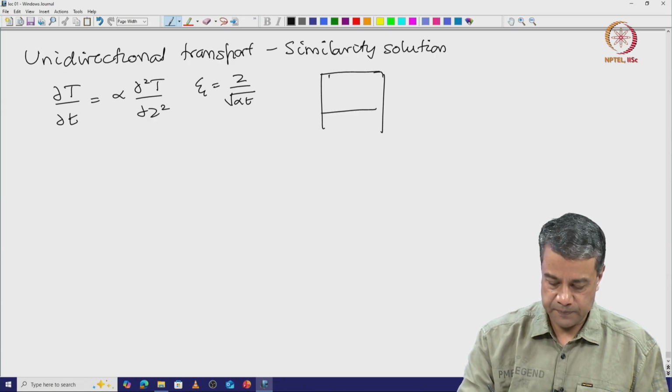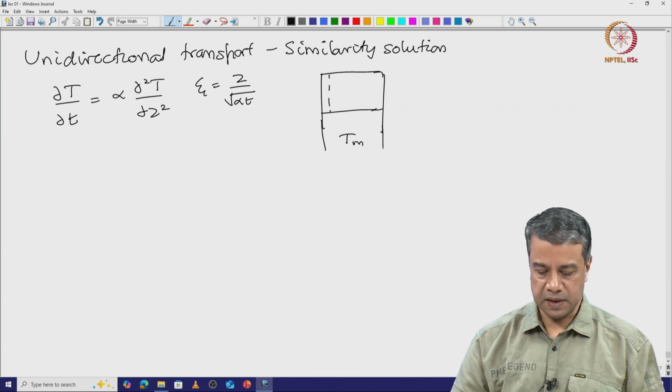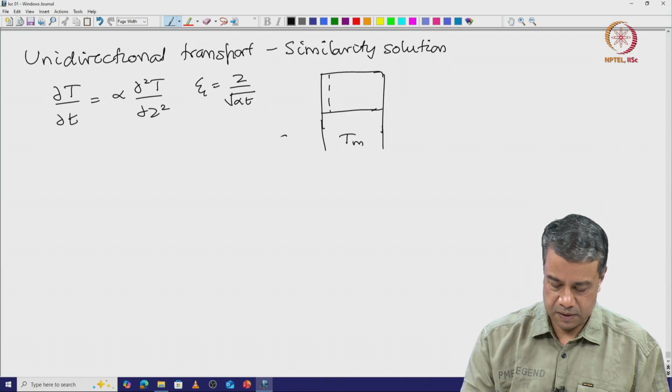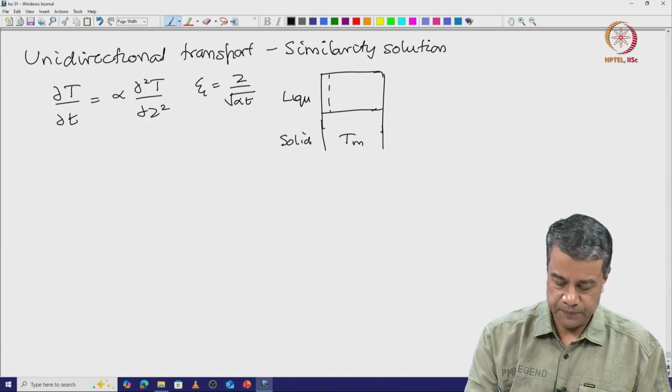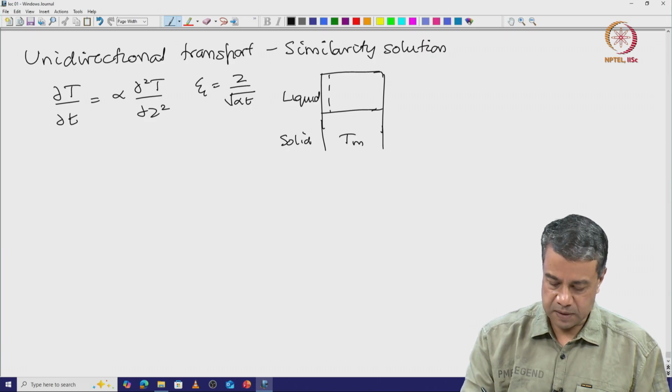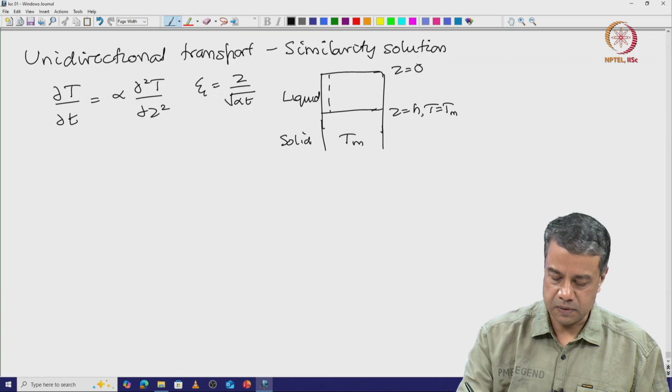into a material that is melting, and it has a solid phase here and liquid. The solid is at the melting temperature. So at this surface z is equal to h, T is equal to the melting temperature, and at z equal to 0, T is equal to some temperature which is greater than Tm.